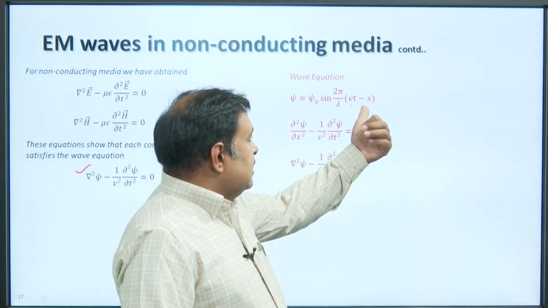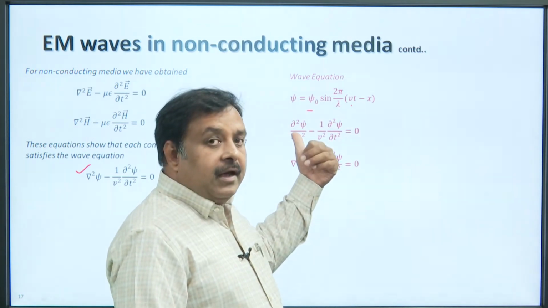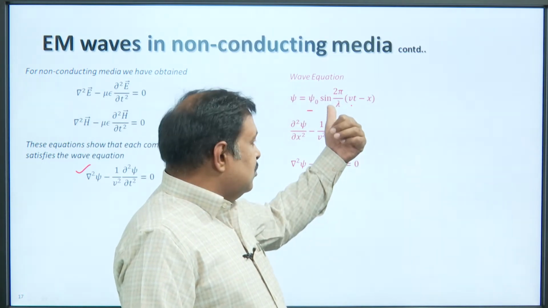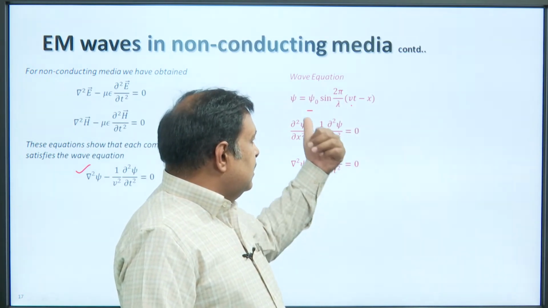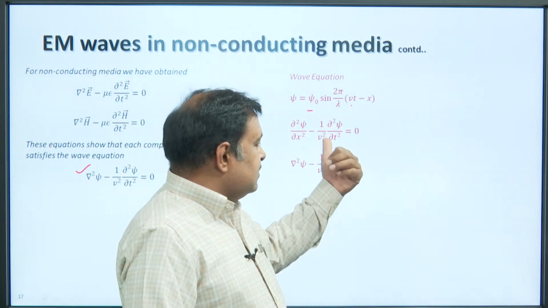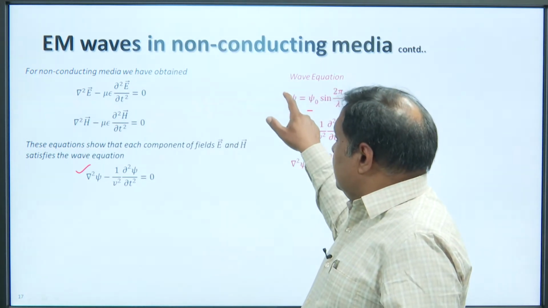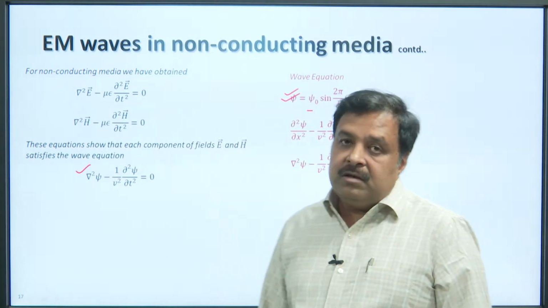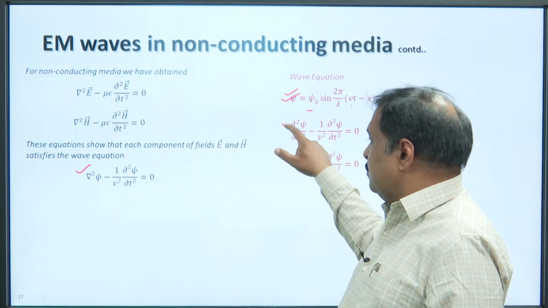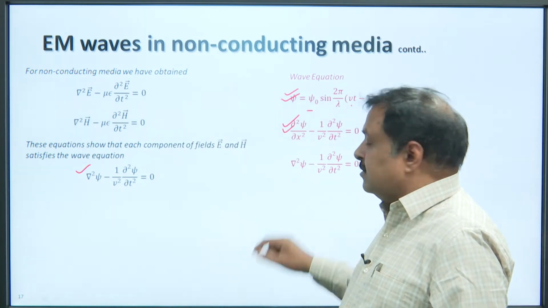If I differentiate this equation with respect to x twice and with respect to time twice, then this equation can be written as this equation. The usual equation of a plane progressive wave satisfies this equation, and this is written in one dimension.